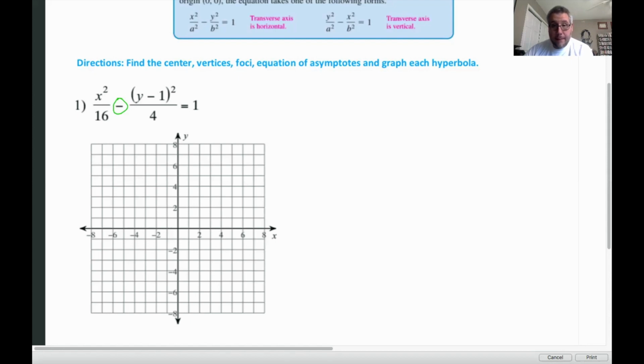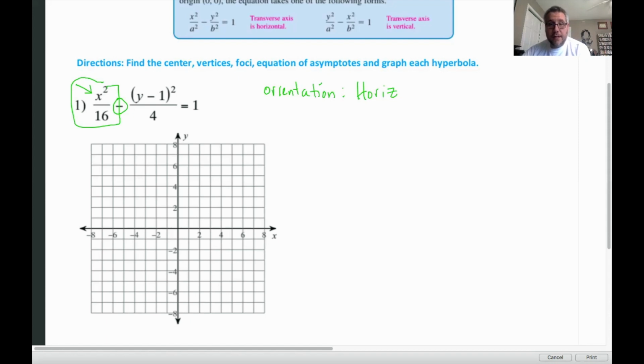The first thing I'd note before I do anything, though, is that in this first fraction here, this is an x fraction. X tells you that the orientation is horizontal. So if x comes first, it's horizontal. It has nothing to do with the denominators being bigger, nothing like that.